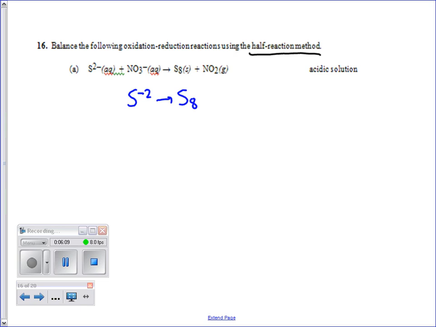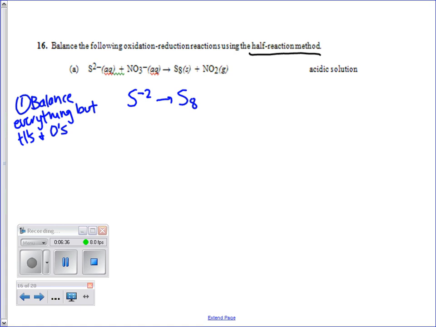So I am now going to balance this using the half reaction method. There are steps, and I'm going to write the steps on the side that we can do every time we're balancing a half reaction. The first step is to balance everything but H's and O's. All right?